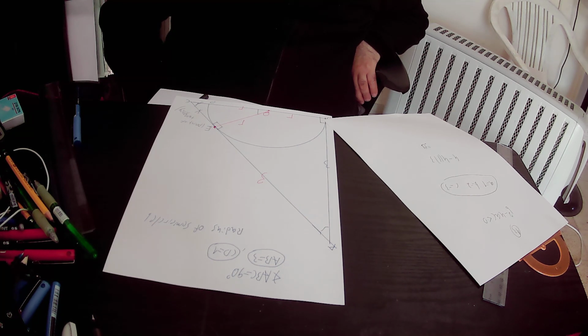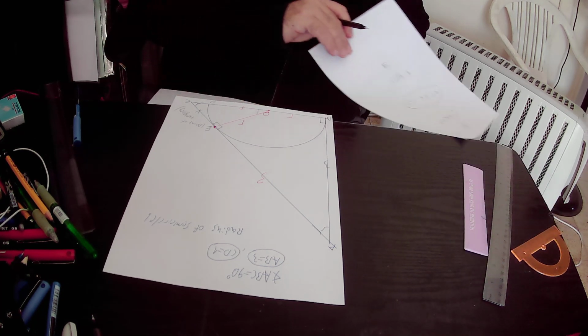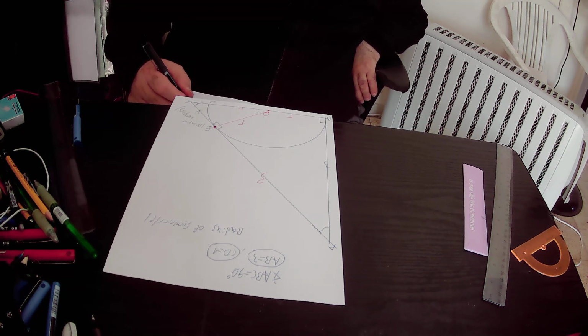So therefore the possibility that x squared plus 2x plus 3 equals 0 is not correct.